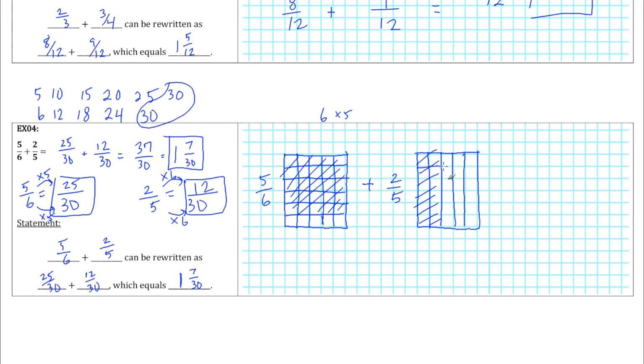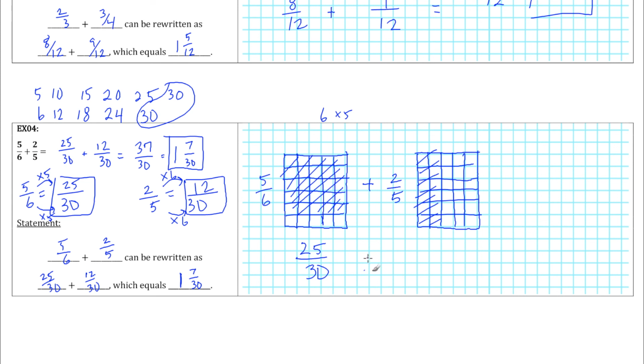And over here I'm going to draw the horizontal lines in. So 5/6 is 1, 2, 3, 4, 5, 6, 7, 8, 9, 10, 15, 20, 25. 25/30ths. And the 2/5 is 1, 2, 3, 4, 5, 6, 7, 8, 9, 10, 11, 12. Just like it was over here, 12/30ths.